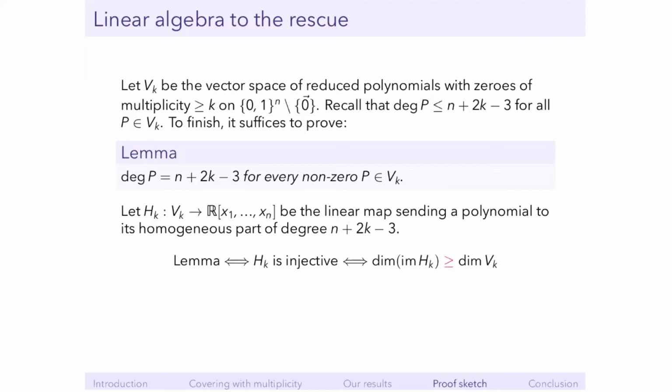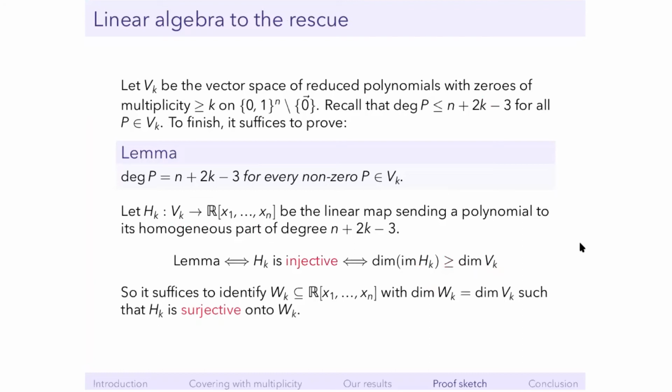And in fact, this is equivalent to proving a lower bound, that the dimension of the image is at least the dimension of the domain, because the other inequality is trivial. And so in order to prove this lemma, it suffices to identify some subspace Wk whose dimension is equal to the dimension of Vk, and such that this function hk is surjective onto the space Wk.